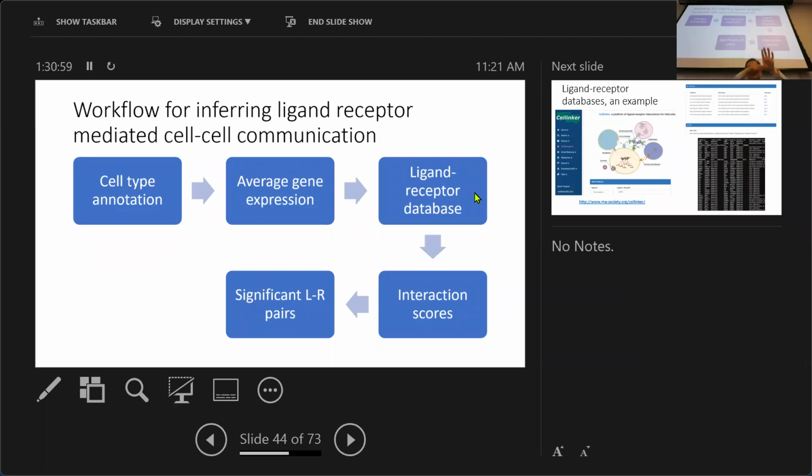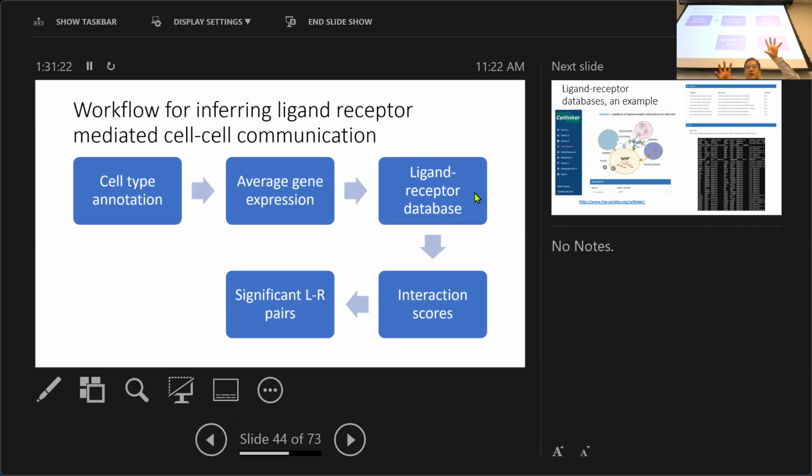If you study autocrine signaling, you can look at the same cell type for both ligand and receptor, considering the same cell type to have self-communication. But normally we go across different cell types, one as a donor and another as a receiver, or the other way around. So this is directional.